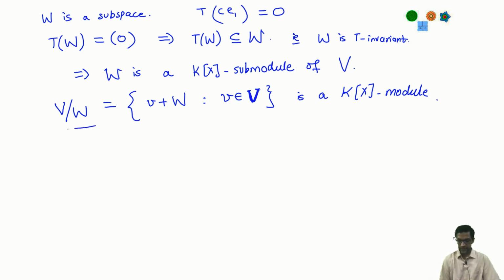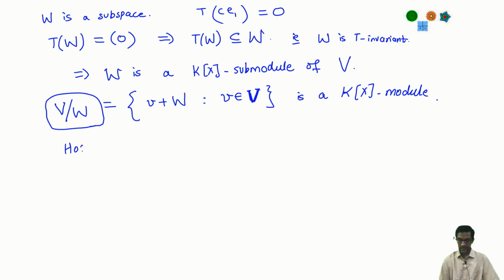Here the vector space is the quotient space, but the question is, what's the action of the linear operator? Recall, the linear operator is nothing but how x acts. So let's figure out how this special polynomial x acts on an element of V by W.